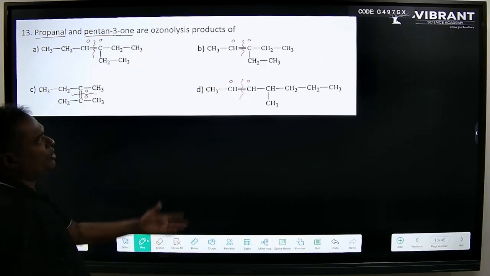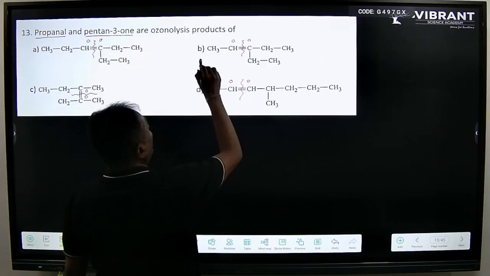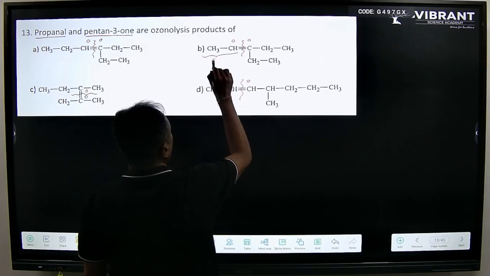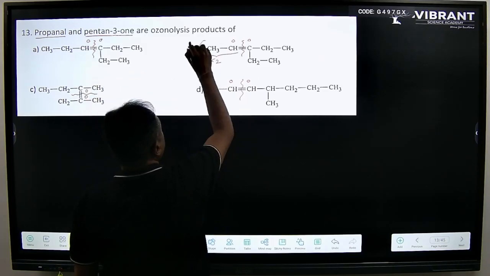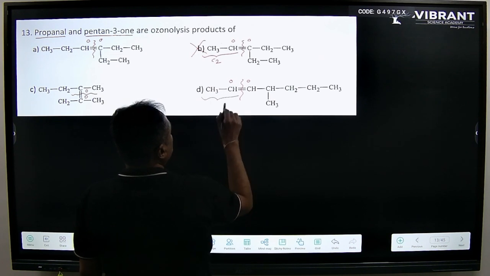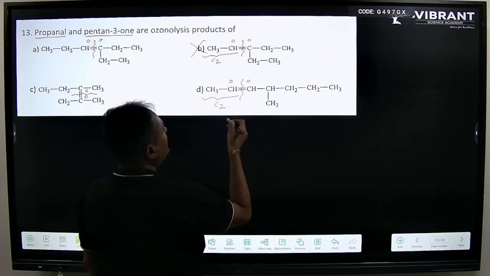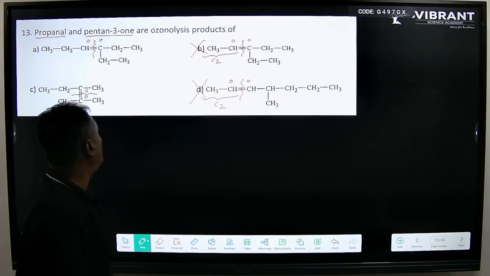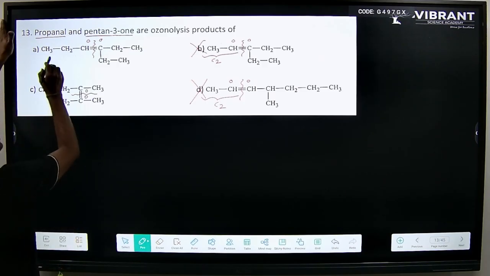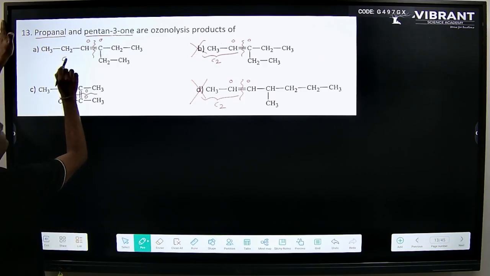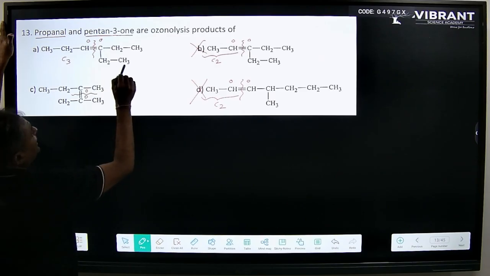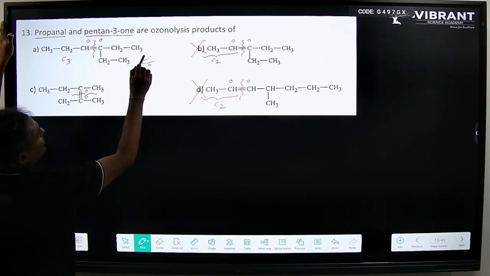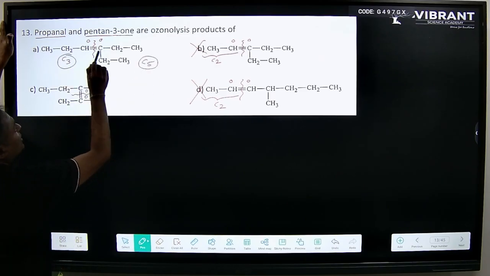Now I think I have already given the products. Here I have an aldehyde, but it has only 2 carbons, which cannot be the case because you want the answer as propanal. So this is not possible. The same is true for this one. There is only a 2 carbon atom aldehyde, which is also not possible. Now over here you have a 3 carbon aldehyde, and a 5 carbon ketone, which is pentan-2-one.